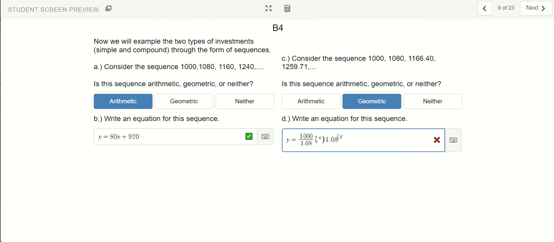Sorry, there's a decimal right here. There we go. So the initial amount is 1,000 if I jump backwards, and then my multiplier is 1.08.